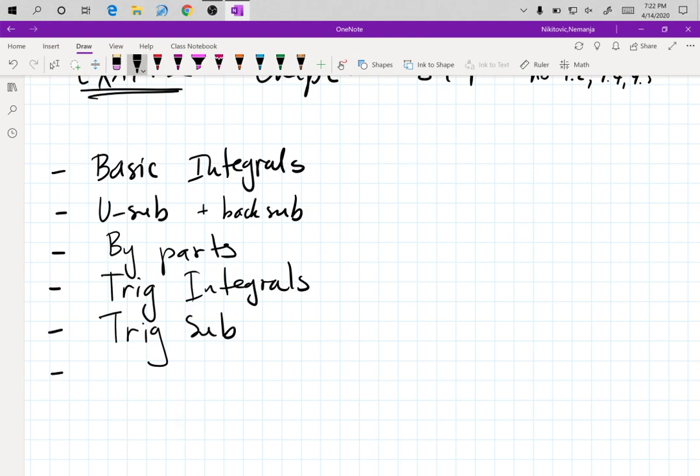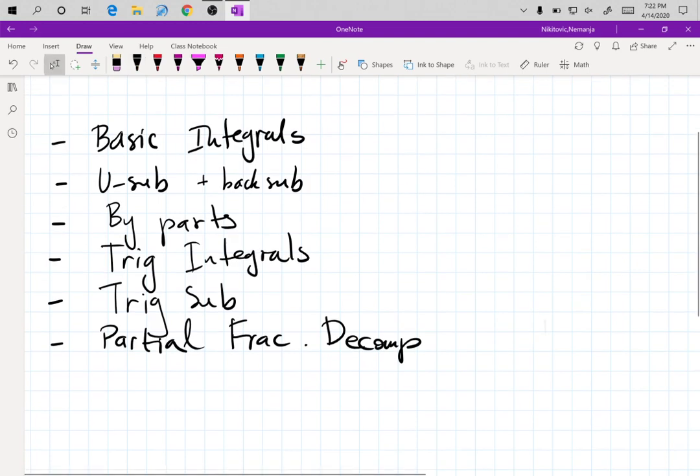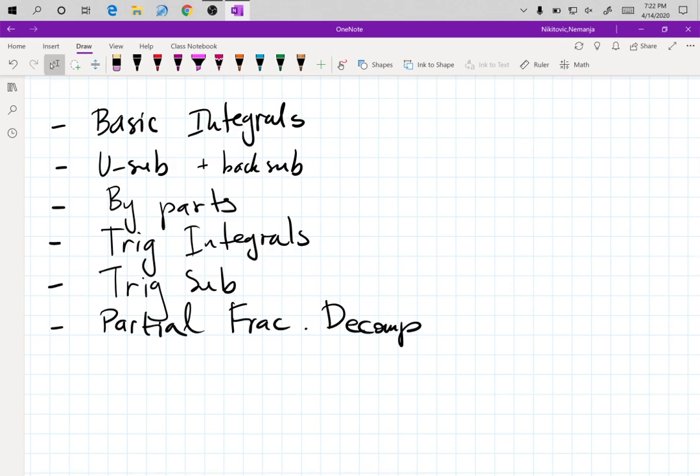Obviously, partial fraction decomposition. A couple of pointers for partial fraction decomposition. You need to make sure that you have a minimum of 2 factors. If you have more than 2 factors, well, it's still partial fractions.